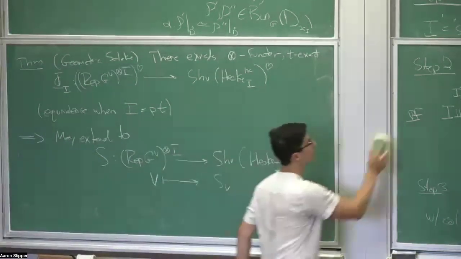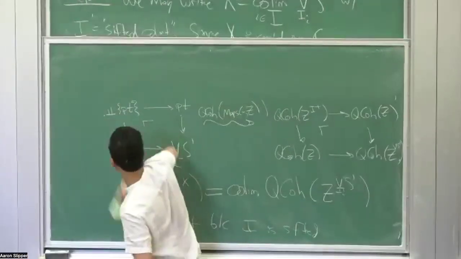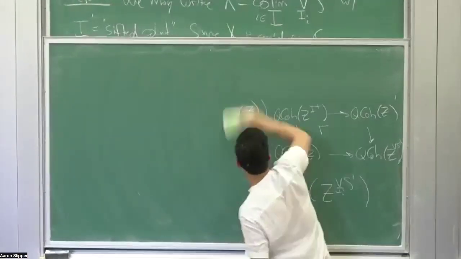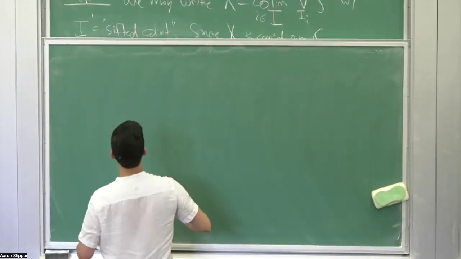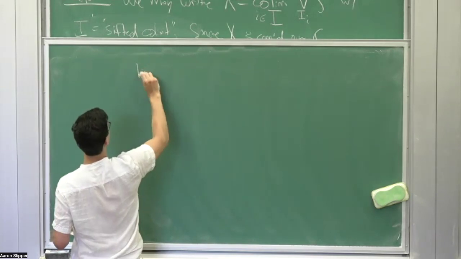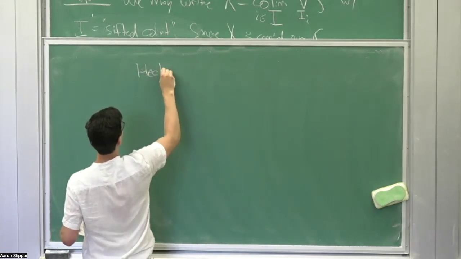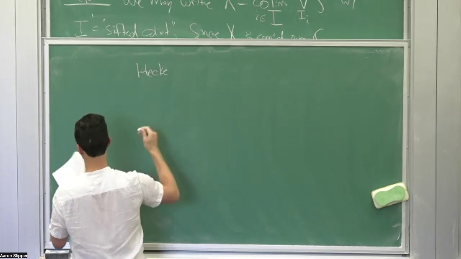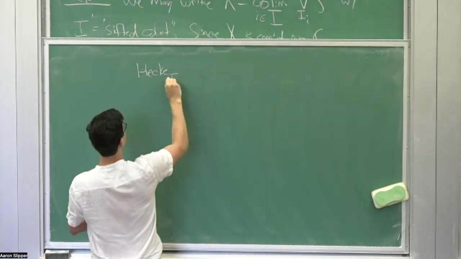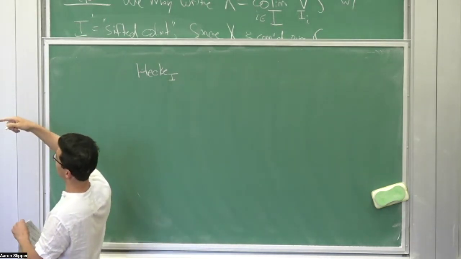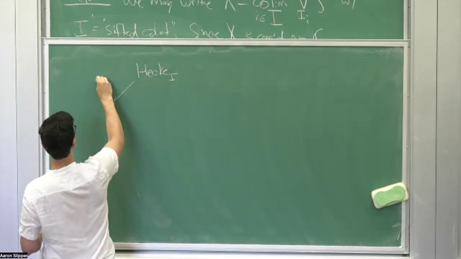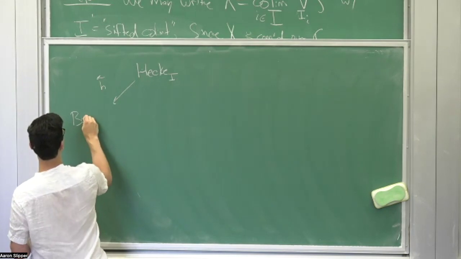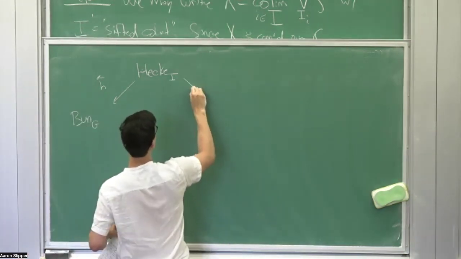Now the correspondence diagram for the Hecke modification is the following. So upstairs we have Hecke sub I, and it admits two projections to Bun G, one on the left and one on the right.